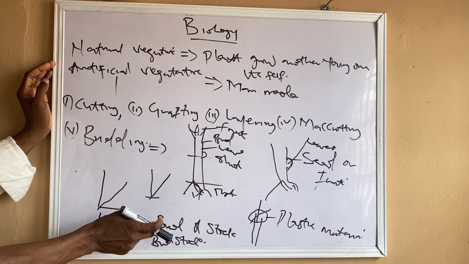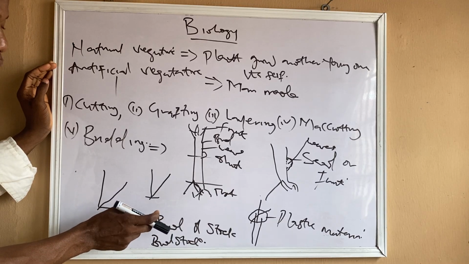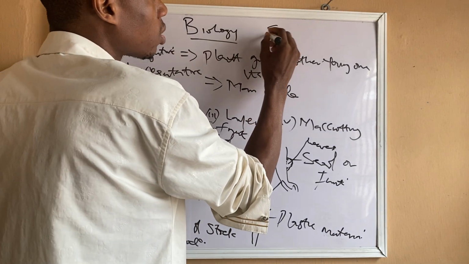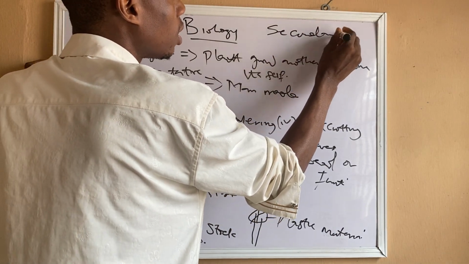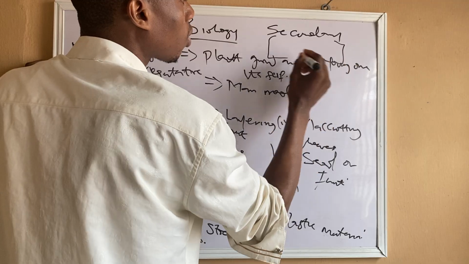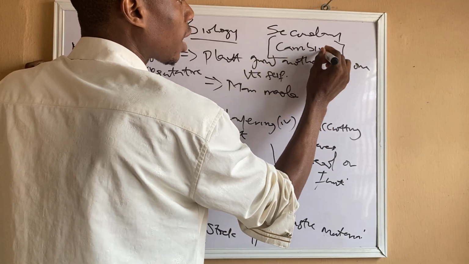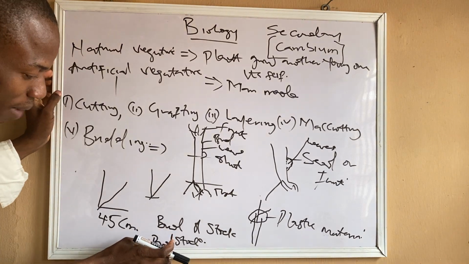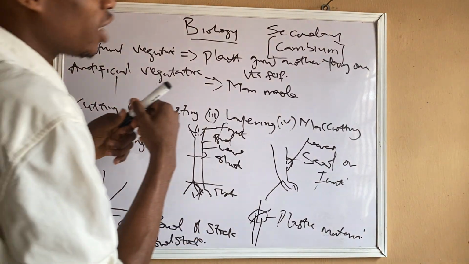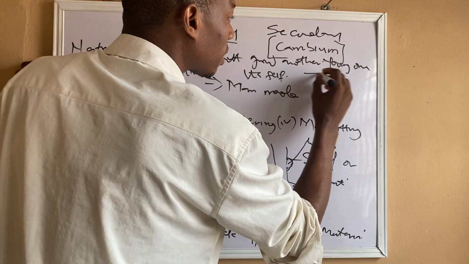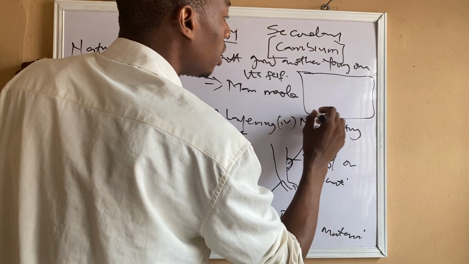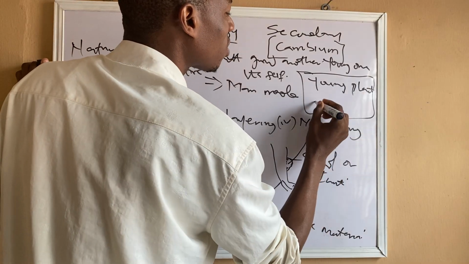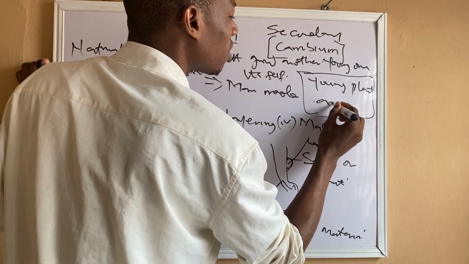How? By cutting the bud aspect of a mature plant, and the stalk. A bud is cut from a mature plant. A mature plant has secondary growth. What is that secondary growth? It contains something called cambium. So the bud has this cambium. A stalk is a young plant of about age one.